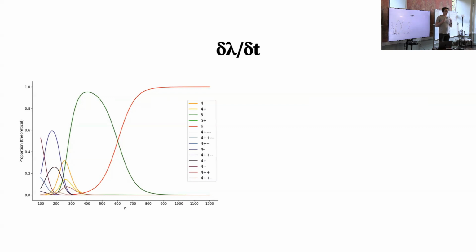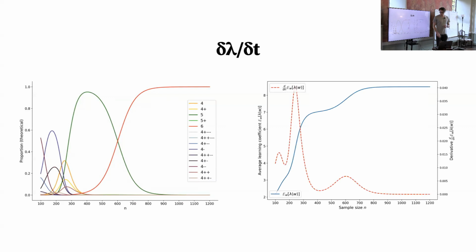So you can estimate, or you can calculate the average lambda hat as a function of n. Right? You take the proportion of k-gons in this phase, multiply that by the associated lambda hat, add it to the proportion for this phase times lambda hat for that phase, and so on. And so you get this blue curve. And so this is a proxy for what you're actually obtaining with local lambda hat estimation. It's not actually the same thing, but it's a similar way of thinking.